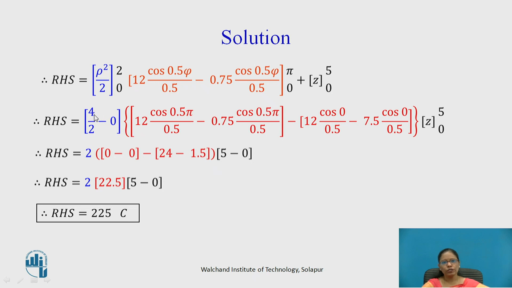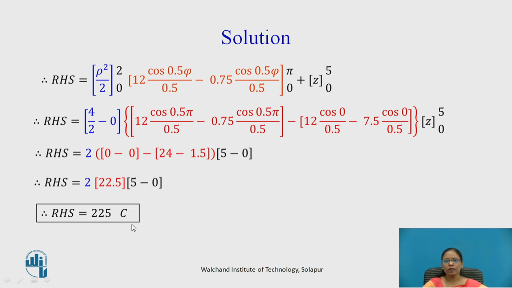The value here is 4 upon 2, which is 2. Then you can see this part here is 24 minus 1.5. Then integration of this from 0 to 5 is 5 minus 0. So I get here 2 into 22.5 into 5 minus 0, which finally gives me the answer as 225 coulomb.